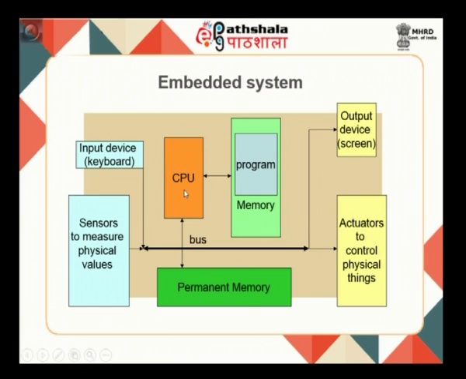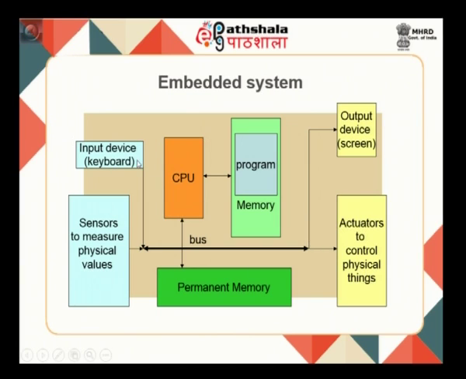There is a CPU, and I will have a memory, because if I have a processor, I need to embed code onto it. If I want code on it, I definitely need memory. So I have a program memory where the program is written, and sometimes I need certain data, which is also available in this memory. The memory may be RAM or read-only memory. I also need an input and output device interface.